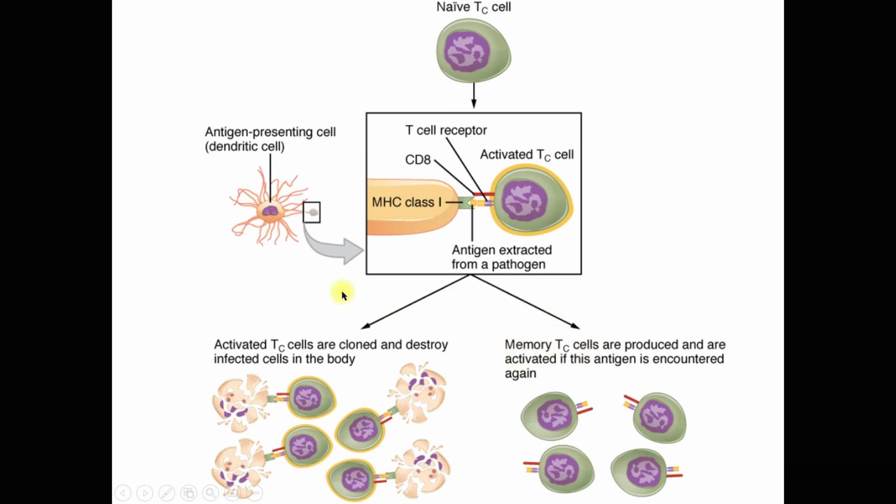And then that activated cytotoxic T cell will straight away bind with the epitopes of the infected cell. This activated cytotoxic T cell will straight away bind with the antigen class 1 MHC complex on the infected body cells.